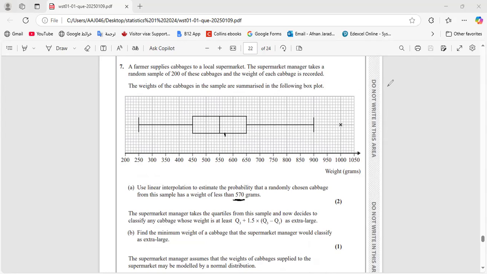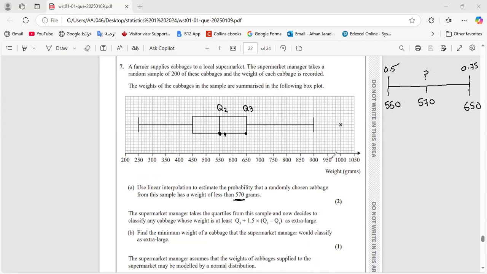The question is to use interpolation. So it's between 550 and 650. 550 is the second quartile, so it's half of the data. And 650 is the third quartile, so it's 0.75 or 3 over 4 of the data.